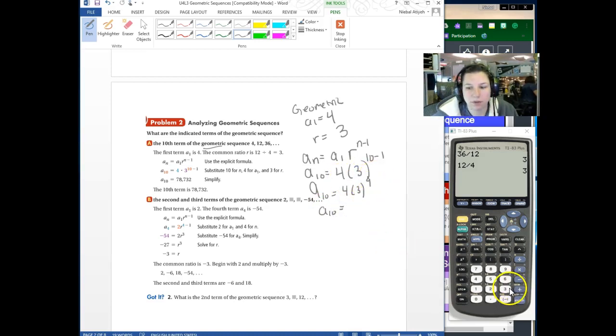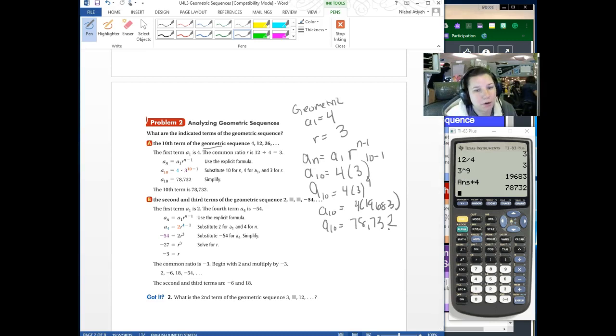Order of operations, we do exponents first, so 3 to the 9. And then last step, we multiply by 4. So our 10th term is going to be 78,732.